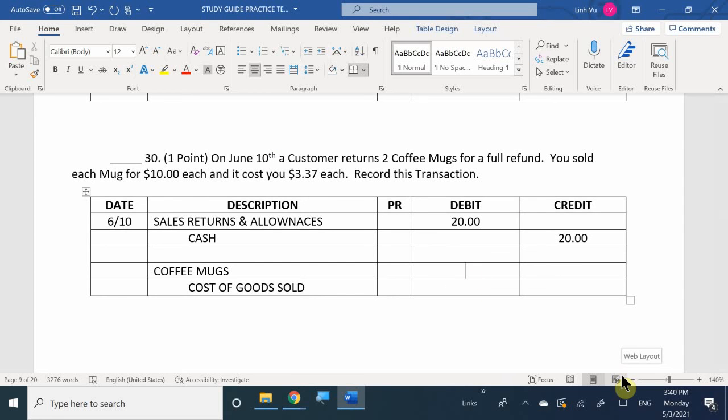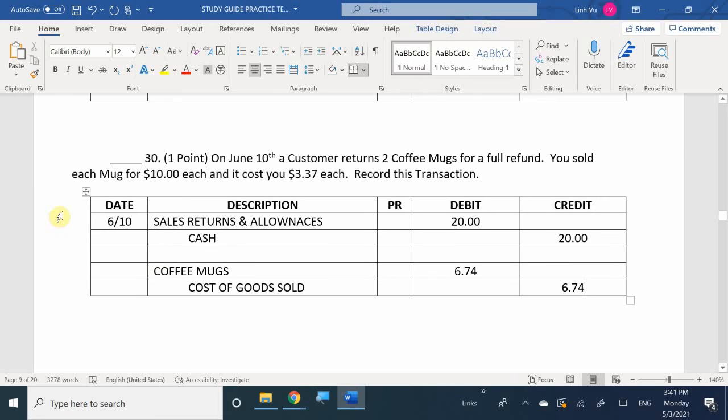So how much am I going to be refunding if it costs me $3.37 per cup? $6.74. Oh, 74, not 64. I heard you, I just didn't type it in. All right.